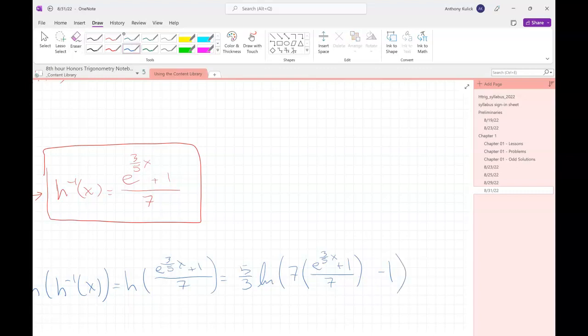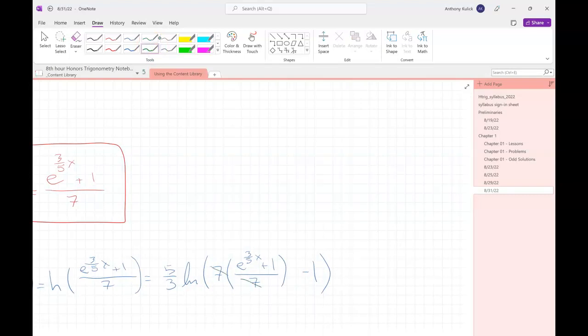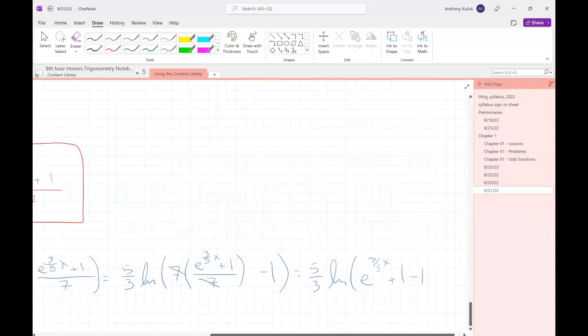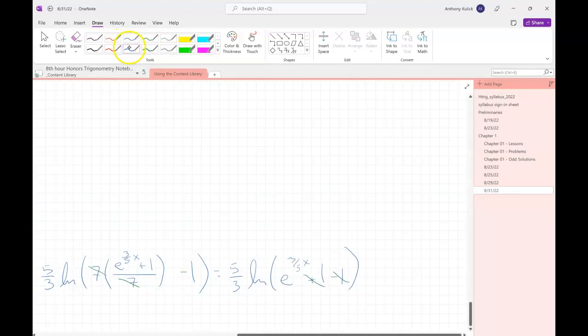Everybody's good with the composition? What do I cancel first? Sevens. Very good. After that, what can cancel? Nope. Not the e's and the logs. Got to dump those plus ones and minus ones out of there.